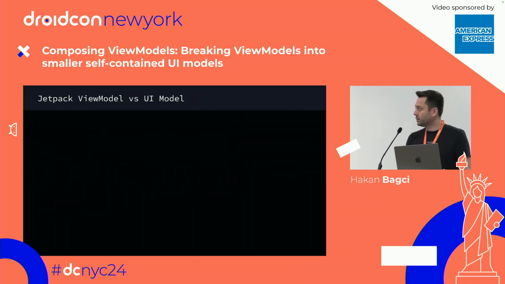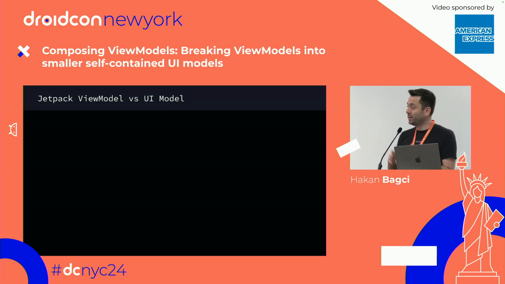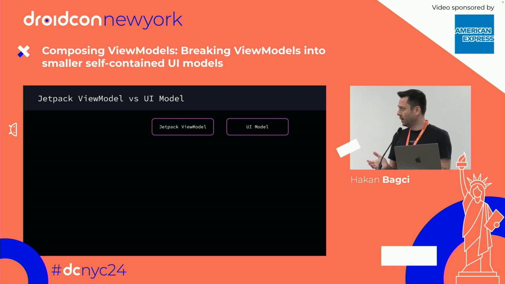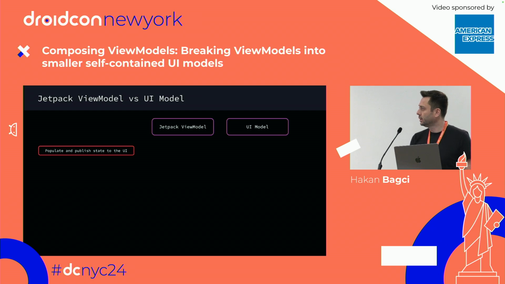Let's try to answer this question. The ViewModel keyword is already reserved by the Jetpack ViewModel library. So that's why we needed to come up with a new name for our view models, and we call them UI models. View models and UI models have a lot in common, and they are very similar, but they also have some slight differences. Maybe we can compare them here.